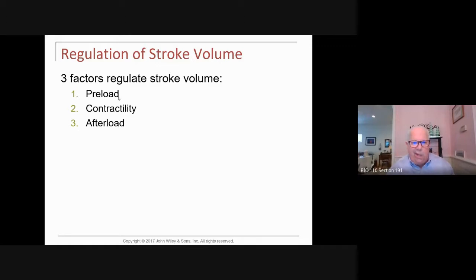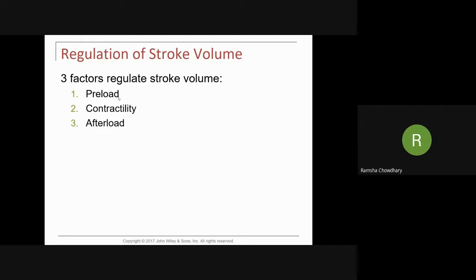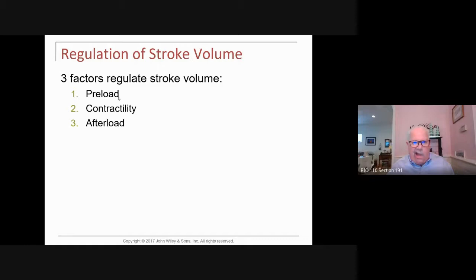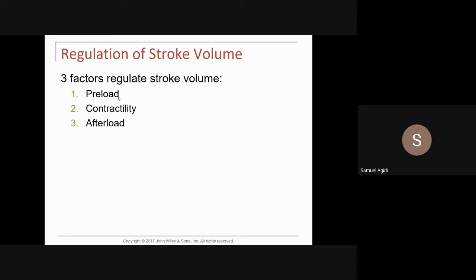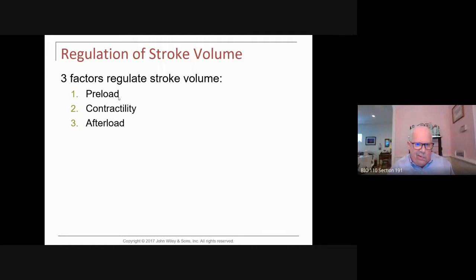It's got to go up to make sure that formula is equal on both sides. Does everybody understand that? Okay, I get it now. Remember, it's a formula. Each side has to equal the same number. So if you drop your stroke volume, your heart rate has to go up to maintain the cardiac output.